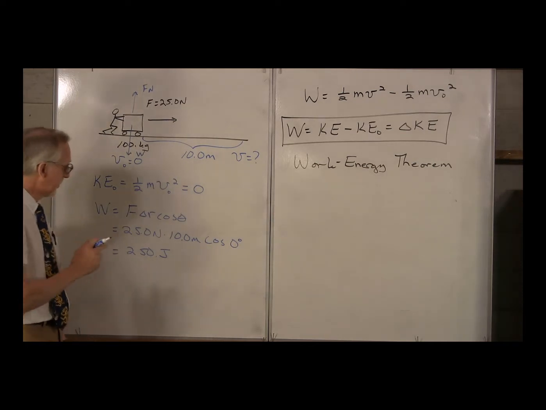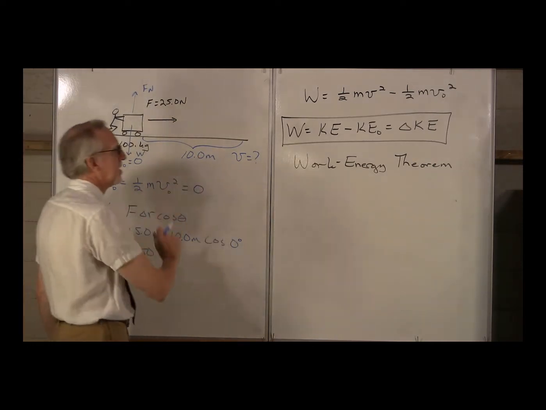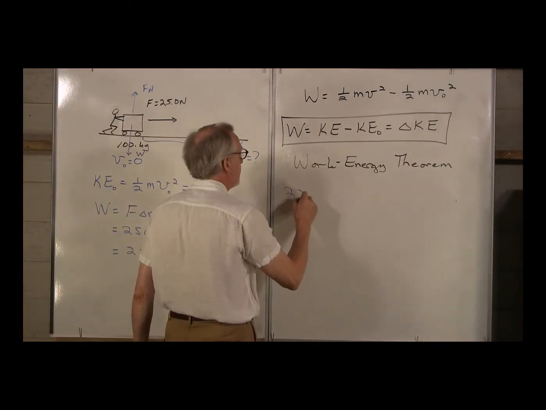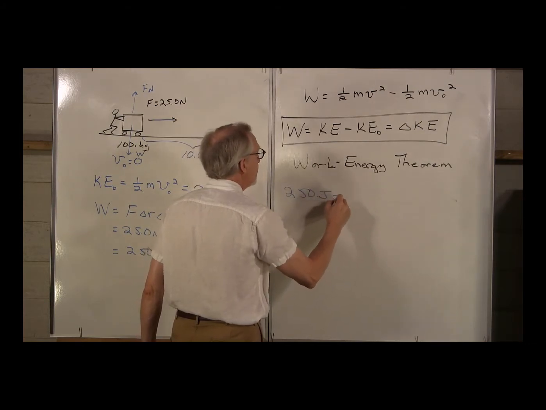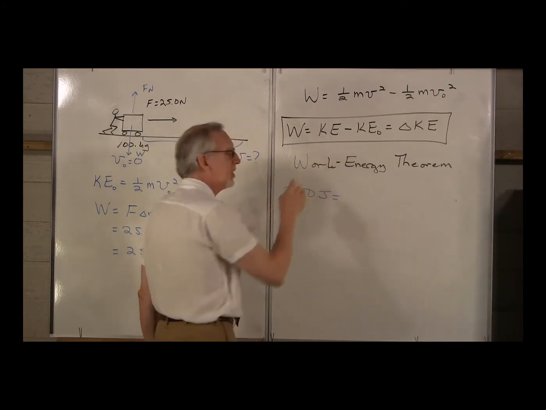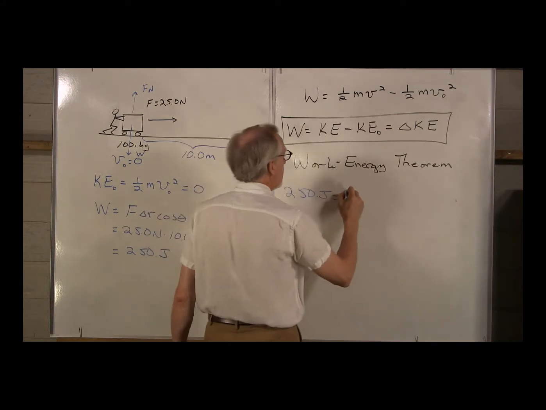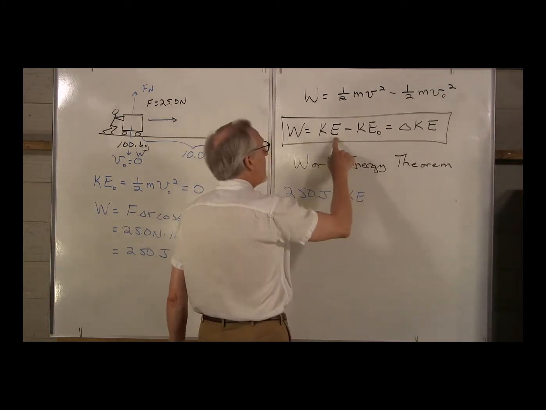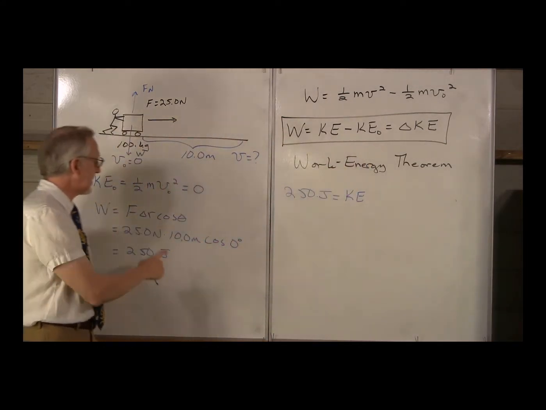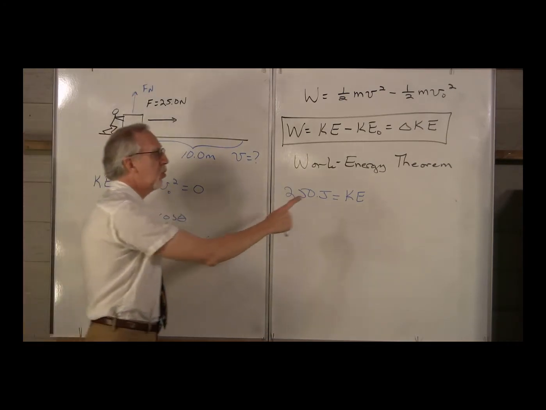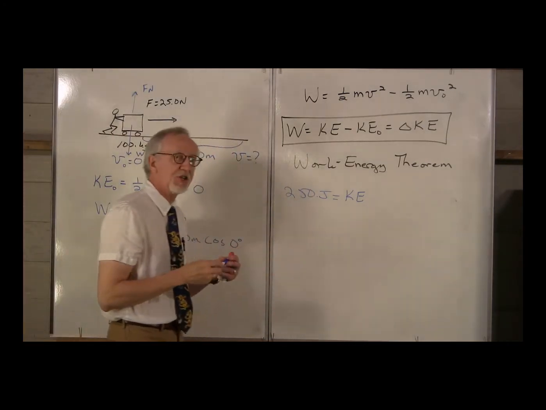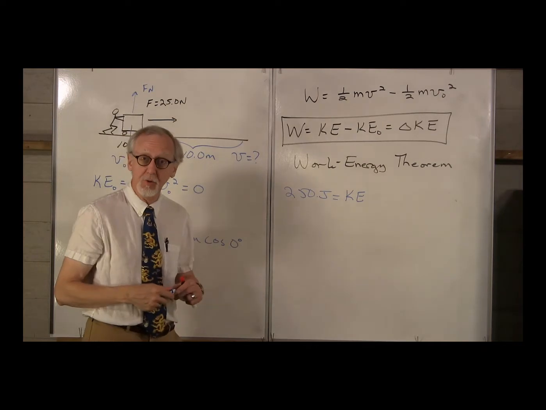There we go. What do we have so far? We've got the total work done, 250 joules, is equal to the final kinetic energy, that's what we're looking for, minus the initial kinetic energy, and the initial kinetic energy is 0. So we have the final kinetic energy is 250 joules.